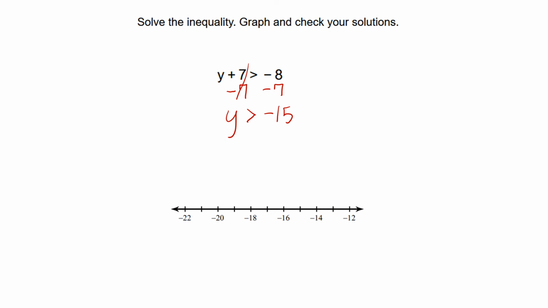We add them and keep the sign. To graph this, we're going to put a circle on negative 15, and it's going to be open because there's no line underneath our symbol. It's pointing to the right, so all solutions of y are going to be greater than negative 15.